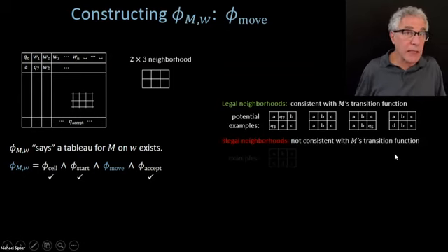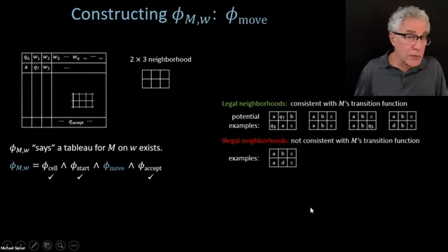Let me show you some illegal neighborhoods. I'm doing this as a kind of proof by example now. This is perhaps the most intuitive part, but I claim that it's easy to turn this into something airtight and formal. So this would be clearly illegal.